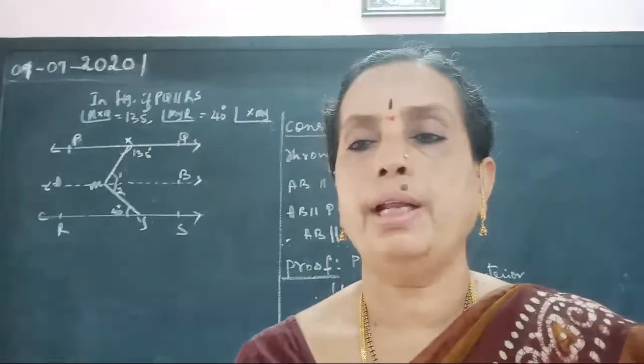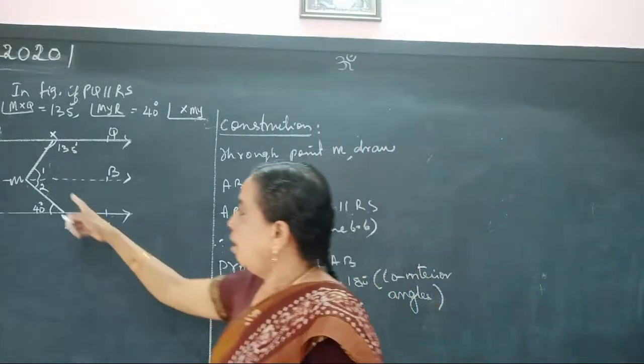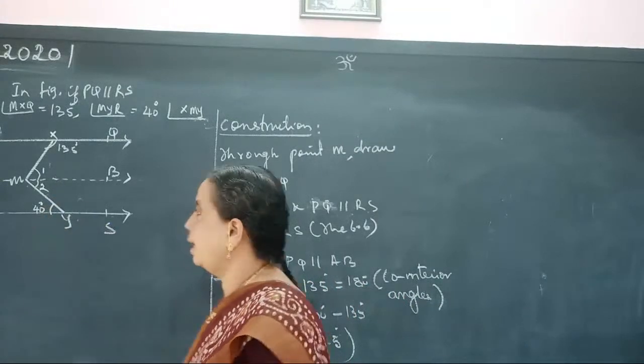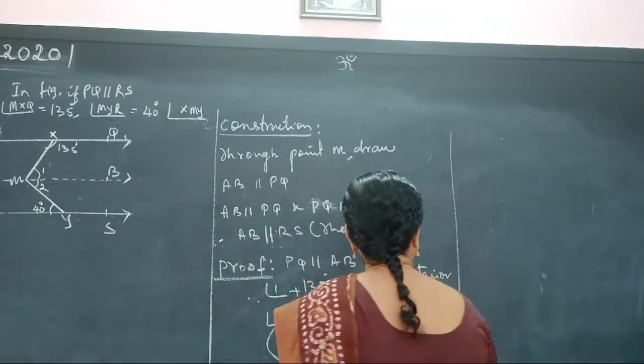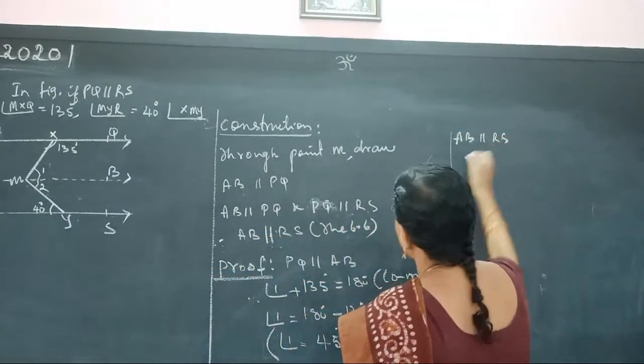Now we require angle 2. To that, here they are alternate interior angles, not on the same side. Next, AB is parallel to RS.